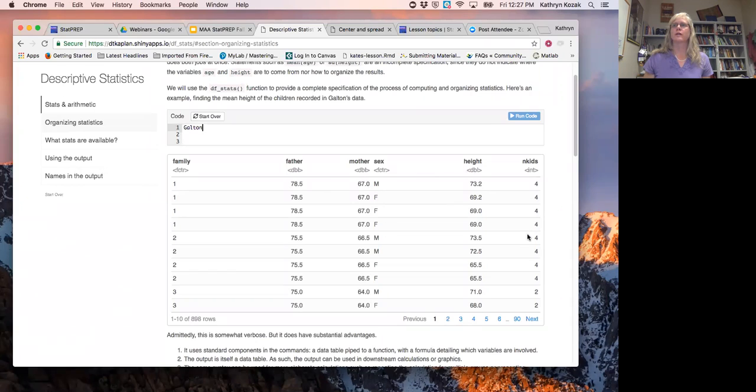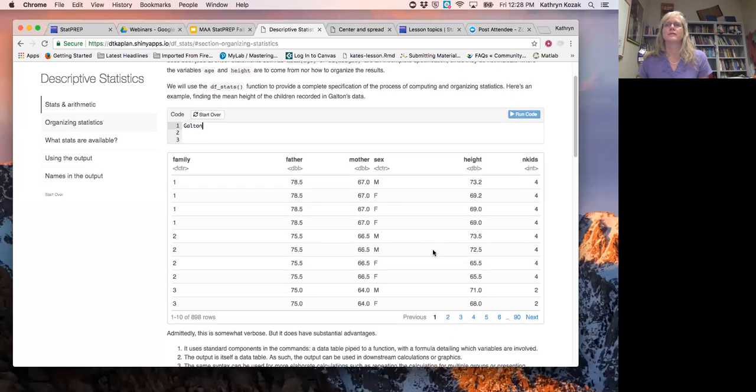So this first family has 4 kids in the family, and these first few people are all the same family. This is a kid who's female, this is a kid who's also female, there must be twins. This is another female kid, maybe there's triplets, and then here's a male child. So you can see how that all fits together, and then you can see this family here. So if you want to look at the data, we can look at this and see what's happening.